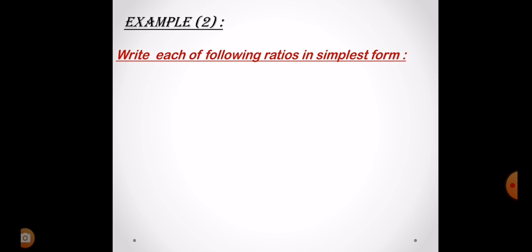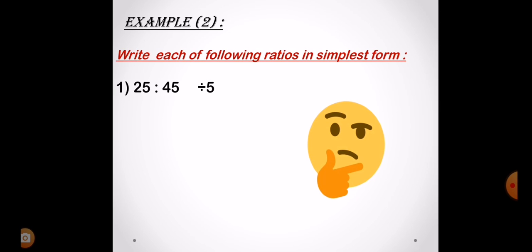Example number 2. Write each of the following ratios in simplest form. Number 1: 25 to 45. I want to simplify this ratio. I ask myself, the common factor between 25 and 45 is 5.